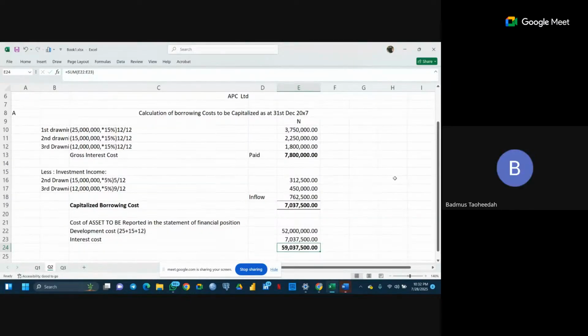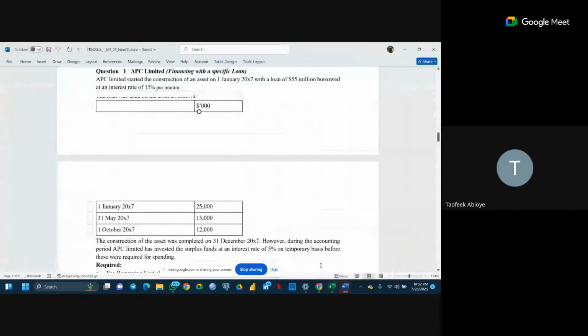Thank you, sir. On the second question of 5/12, 9/12, let's go back to the question again. The company withdrew 25 million as at 1st of January, which means that after they withdrew it, the remaining fund was kept on investment. APC Limited invested the surplus fund at an interest rate of 5% on a temporary basis before it was required for spending.